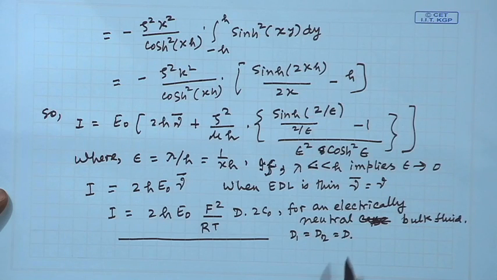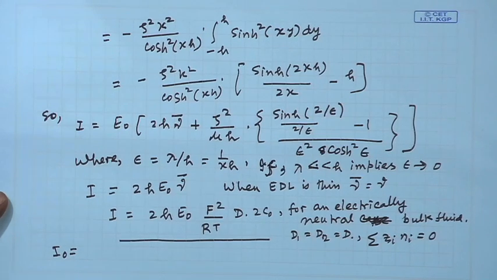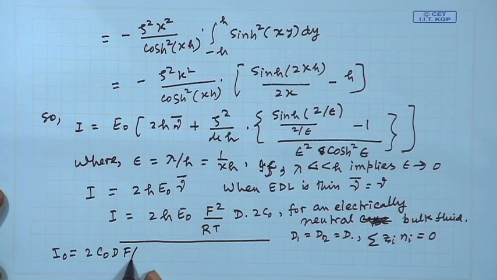And also we have taken into consideration that Zi Ni equal to 0 because of the electroneutrality. Now, if I consider a characteristic current density I0, if I define it in this manner, 2C0 dF by H is the characteristic current density.